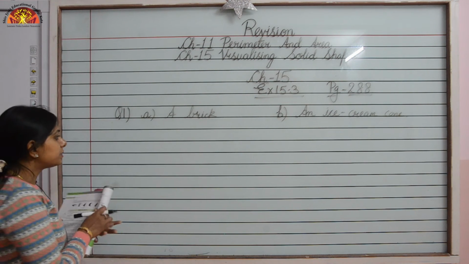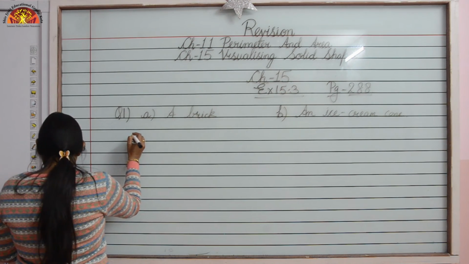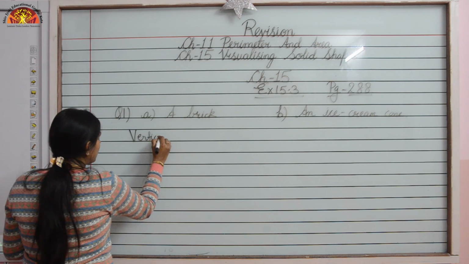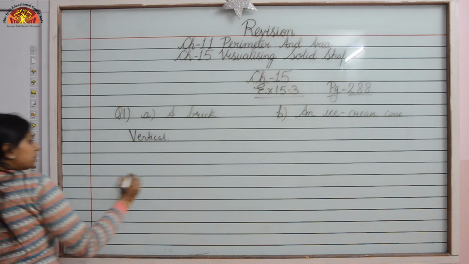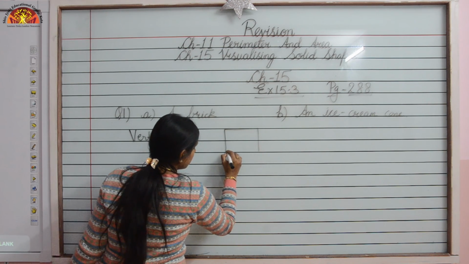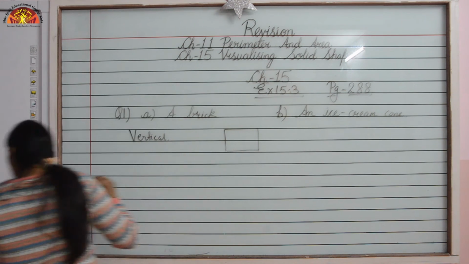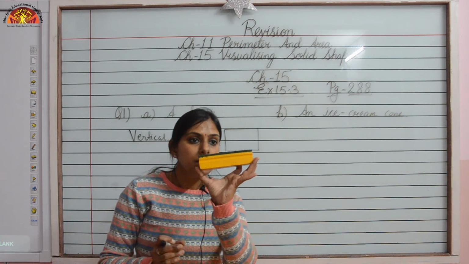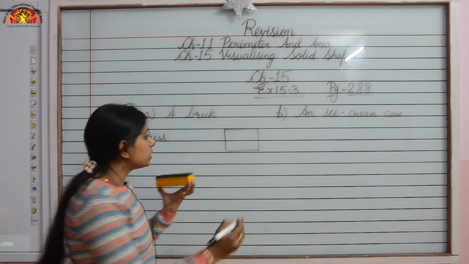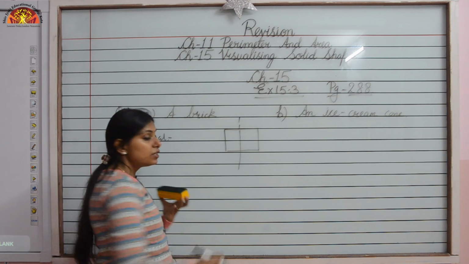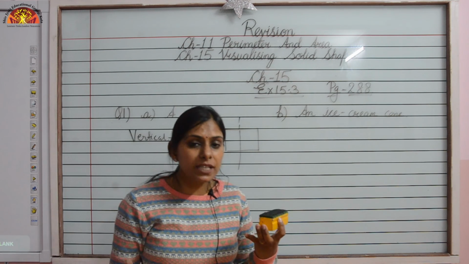So when we are cutting a brick vertically, it is somewhat like this, or you can imagine a duster. It is a sort of brick only, okay. So when you give a vertical cut to a brick, what cross section do you obtain?